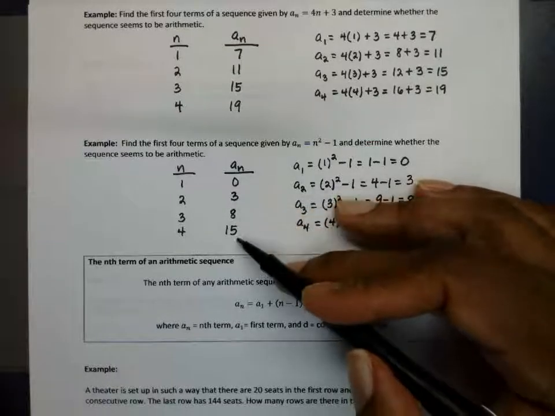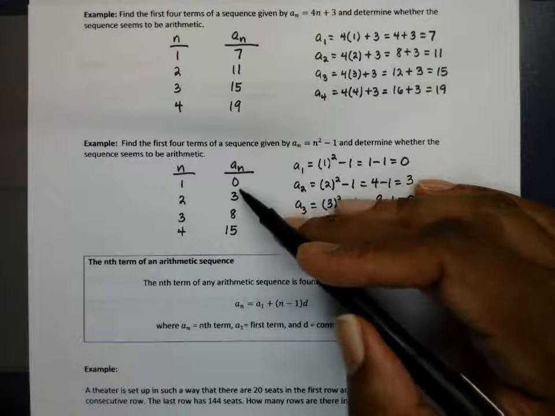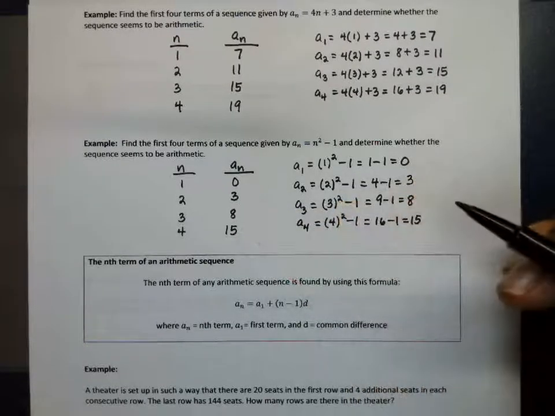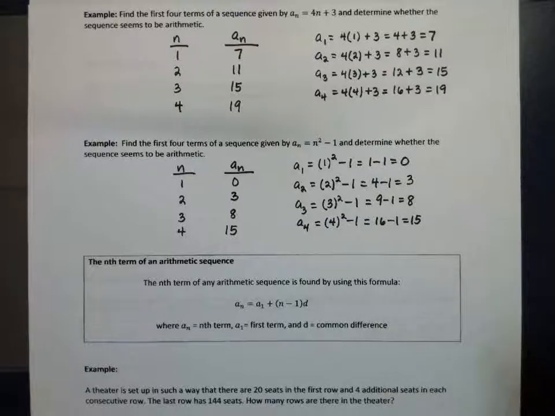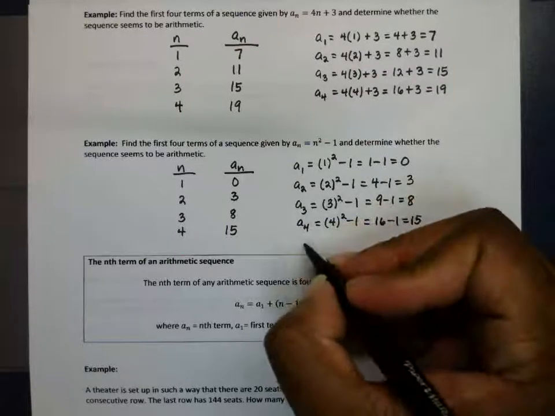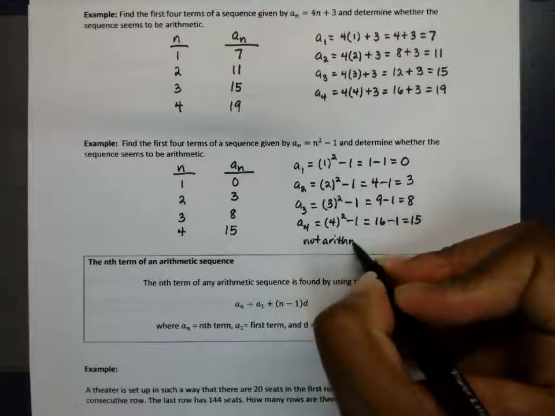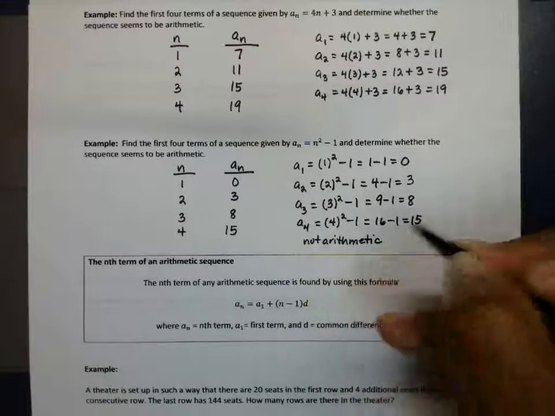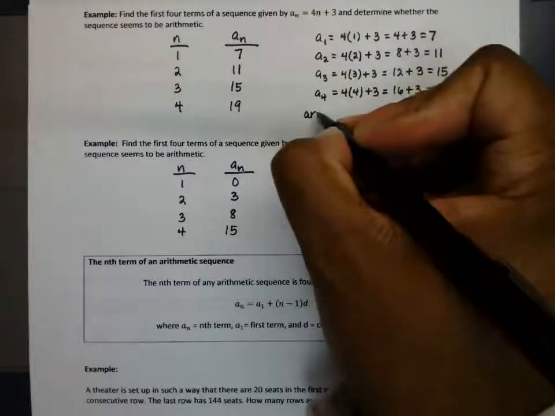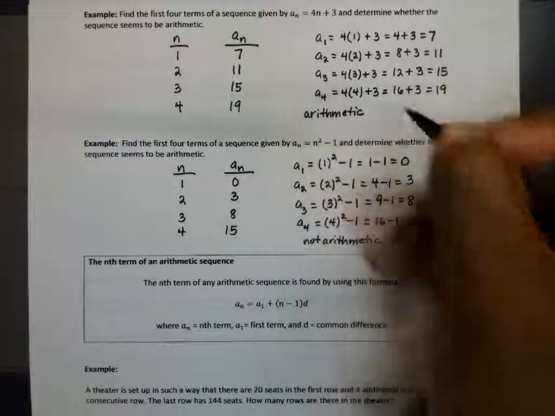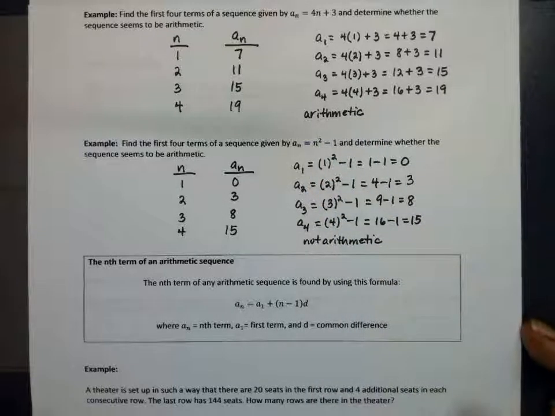Here it's not. Because 0 to 3 is 3, 3 to 8 would be 5, 8 to 15 would be 7. So this is not arithmetic. Whereas in this previous example, it is arithmetic.